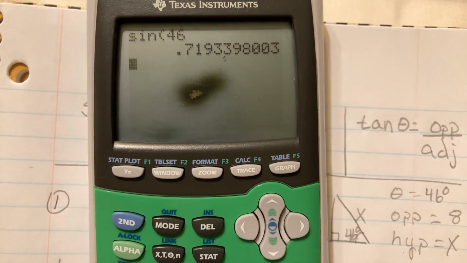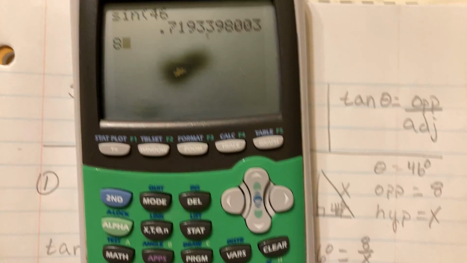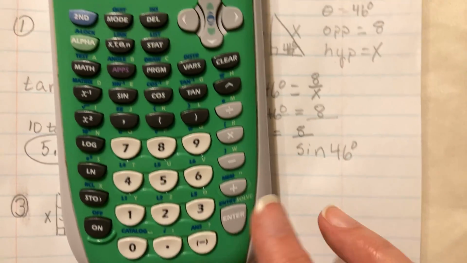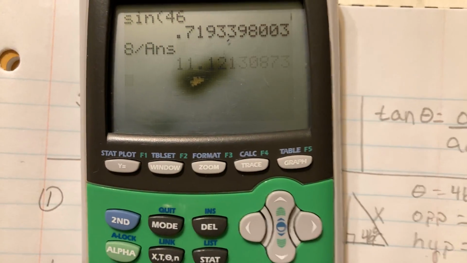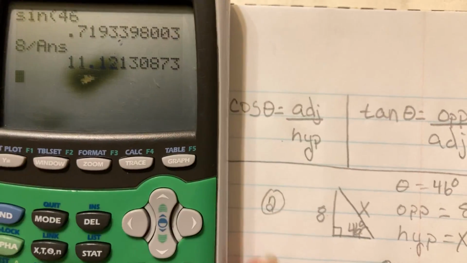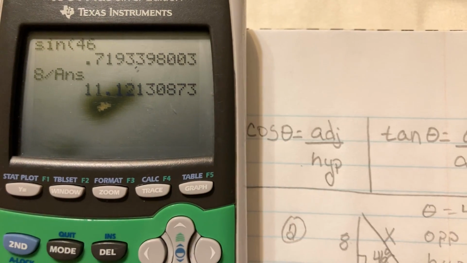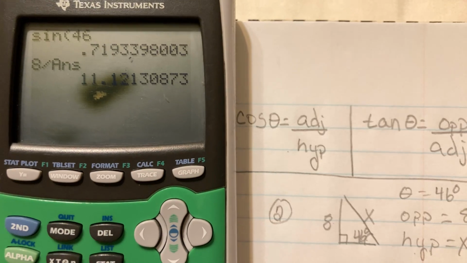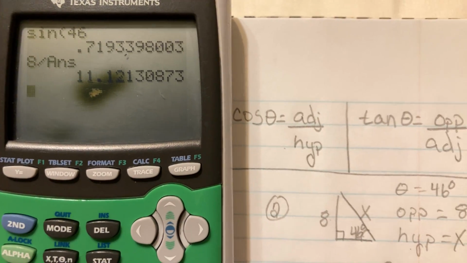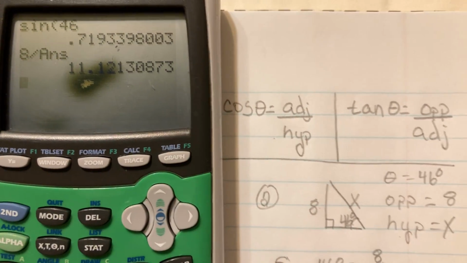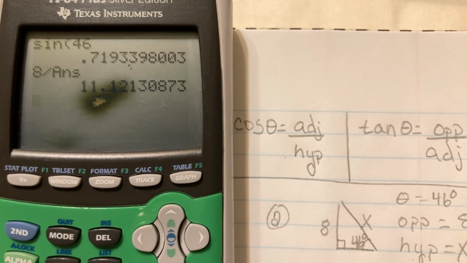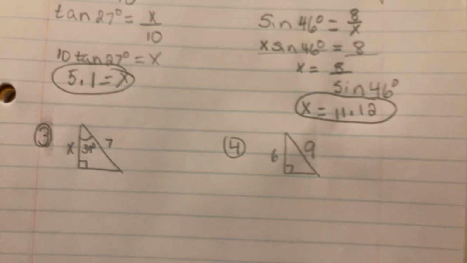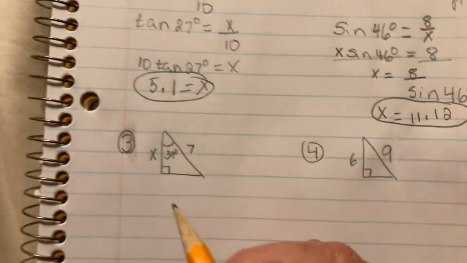And then we say 8 divided by the second answer equals 11.12. So x equals 11.12. Hopefully I got that right. We'll see.